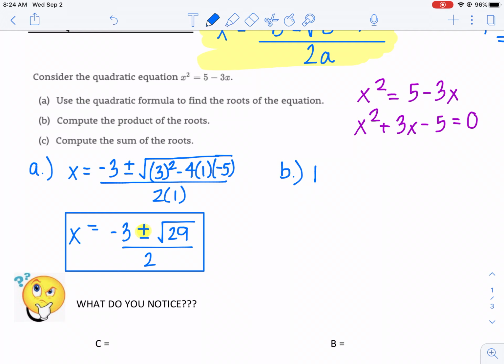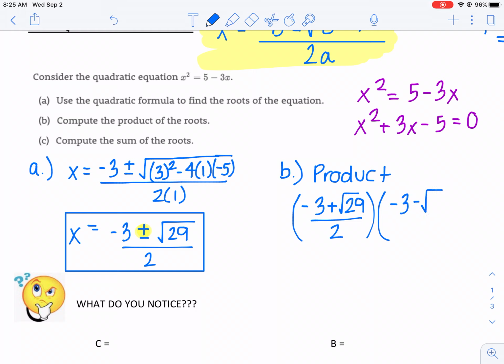So when I do the product, it will look like this. Negative 3 plus root 29 over 2. I'm going to do parentheses here. We'll multiply by negative 3 minus root 29 over 2.